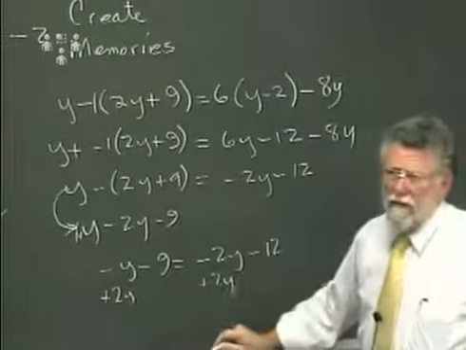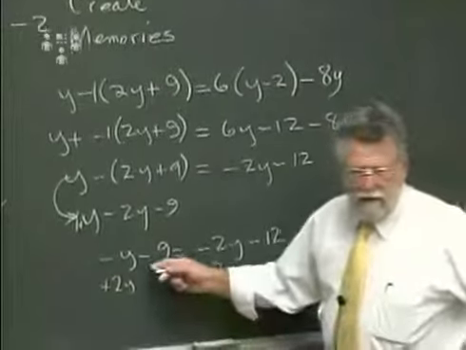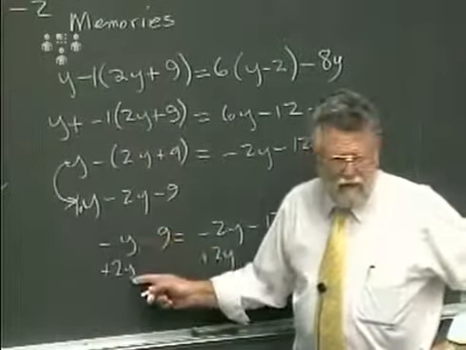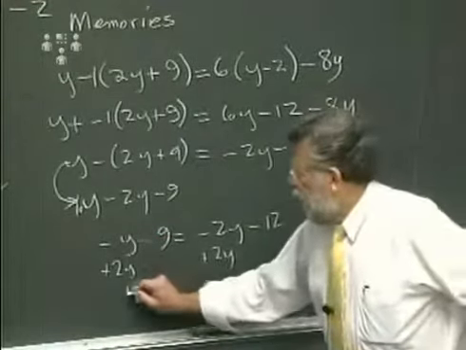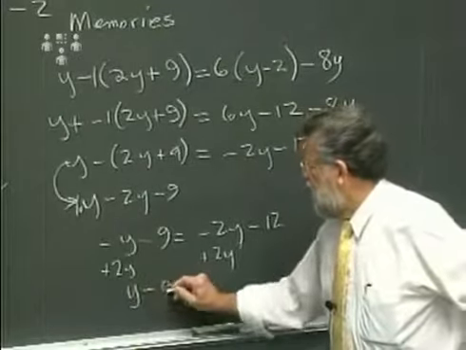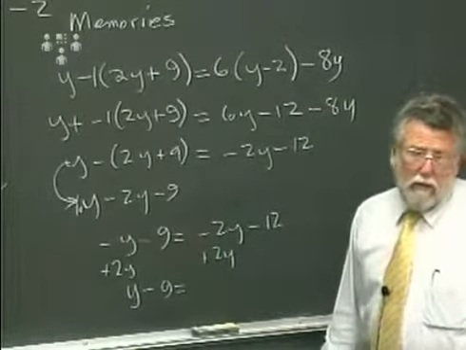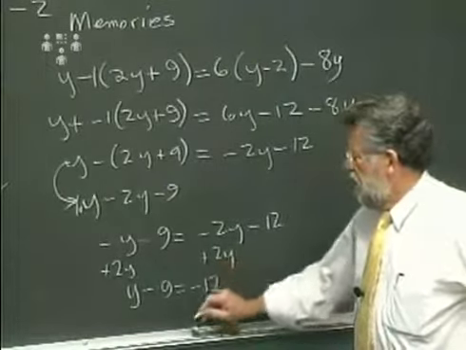So what do I get in the left side now? Okay, Marisol, that was not an appropriate reaction. I have a negative y and a positive 2y. Isn't that y? Thank you. So I have y minus 9 there. What do I have on the right side left? A 0 plus negative 12, which is just negative 12.